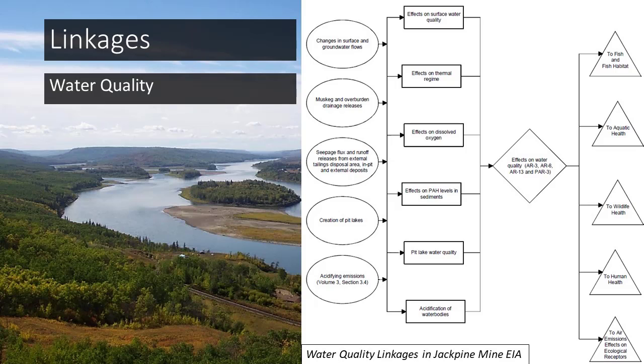So any type of development that has combustion, whether that's a mine fleet or any other sort of vehicle fleet, even, I'm pretty sure on Site C, if you look at their acidifying emissions, they would have had to account for all the buses carrying workers, they would have had to account for all the scrapers and heavy equipment in the area.